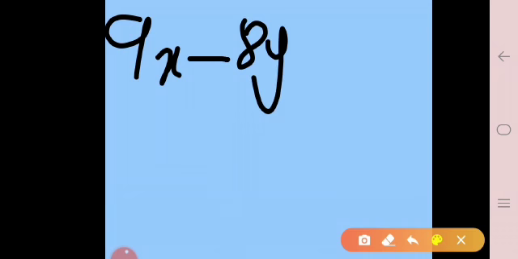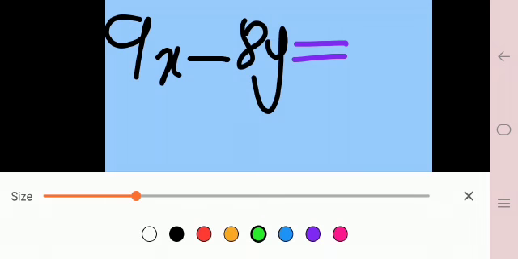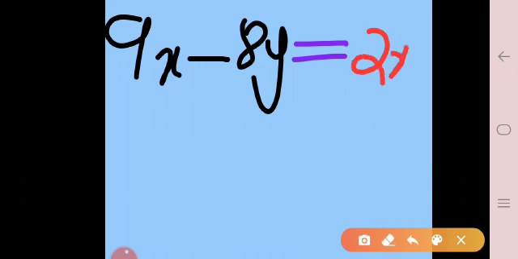I'm going to join this with the help of an equal to sign, and then I have a different algebraic expression, that is 2x plus 4y.